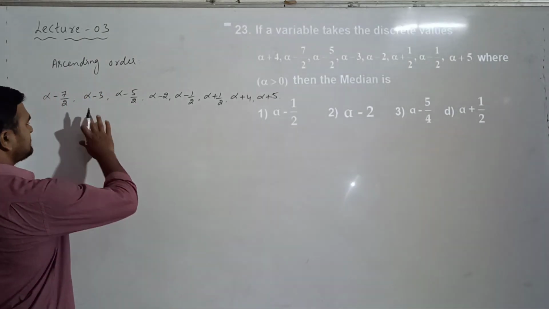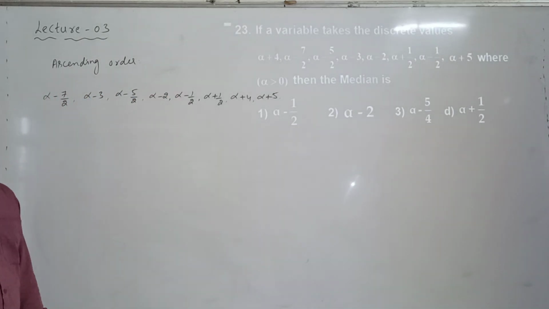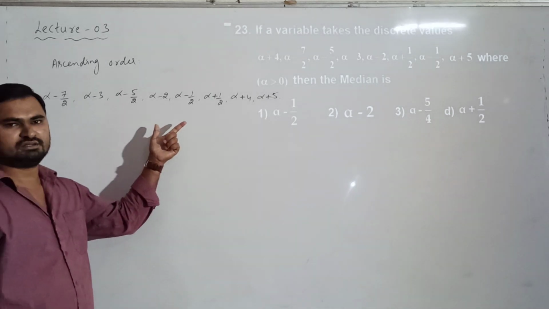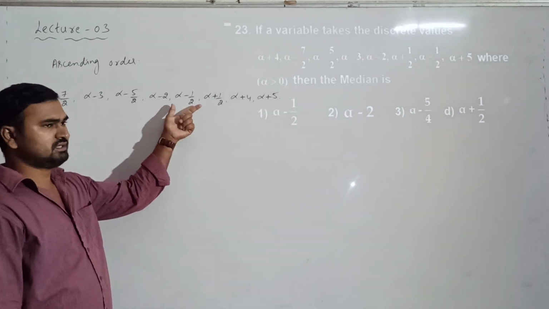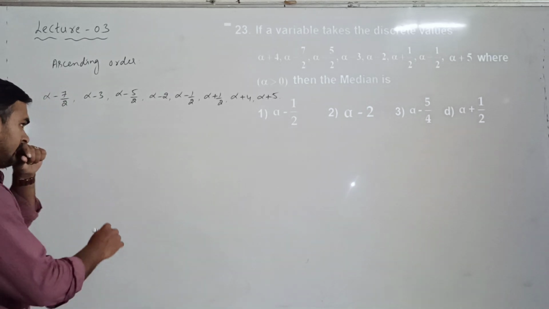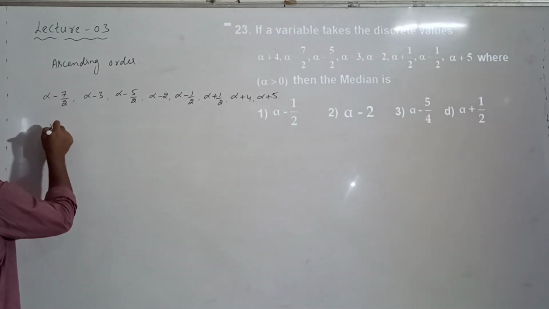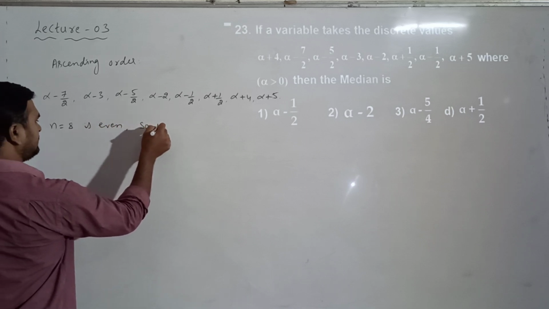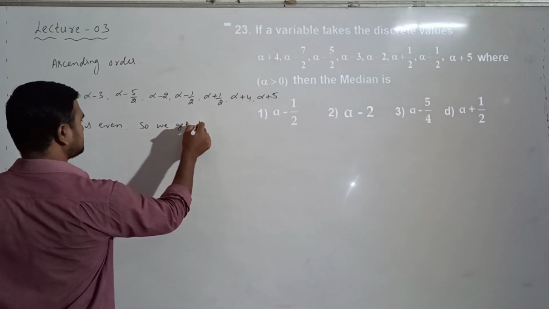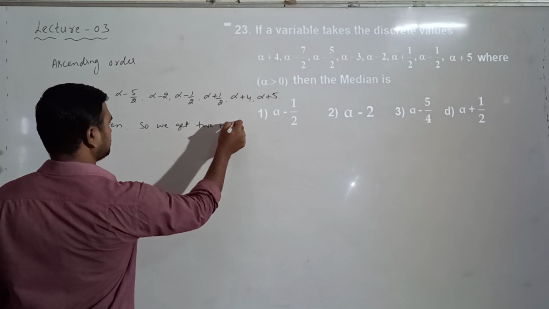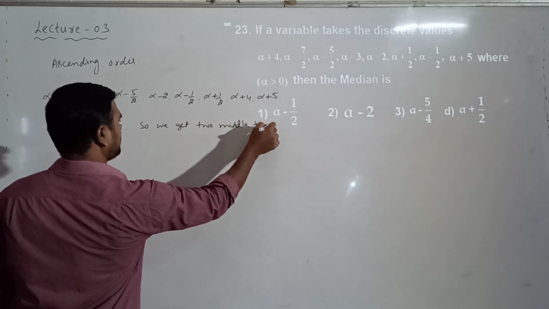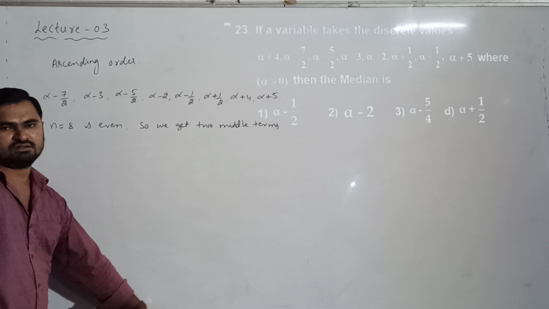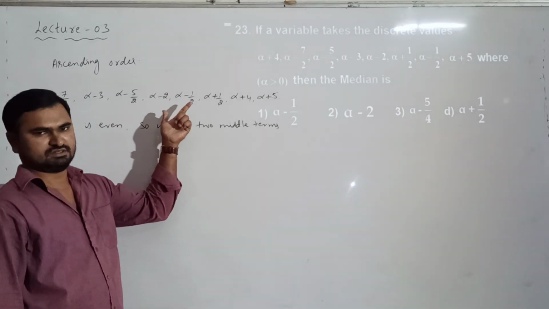Now when the number of observations is even, how do we take the median? Because we get 2 middle terms. So here n equals 8 is given, and we get two middle terms. When we get two middle terms, what will the median be?